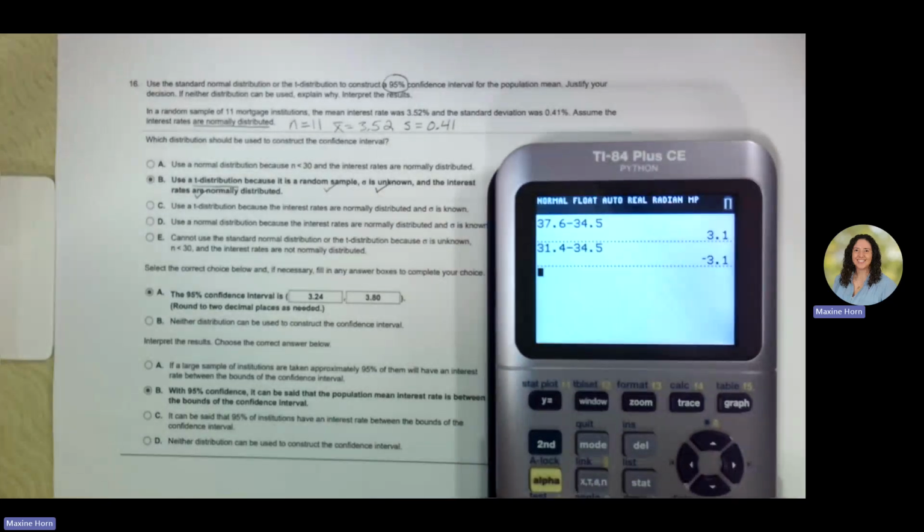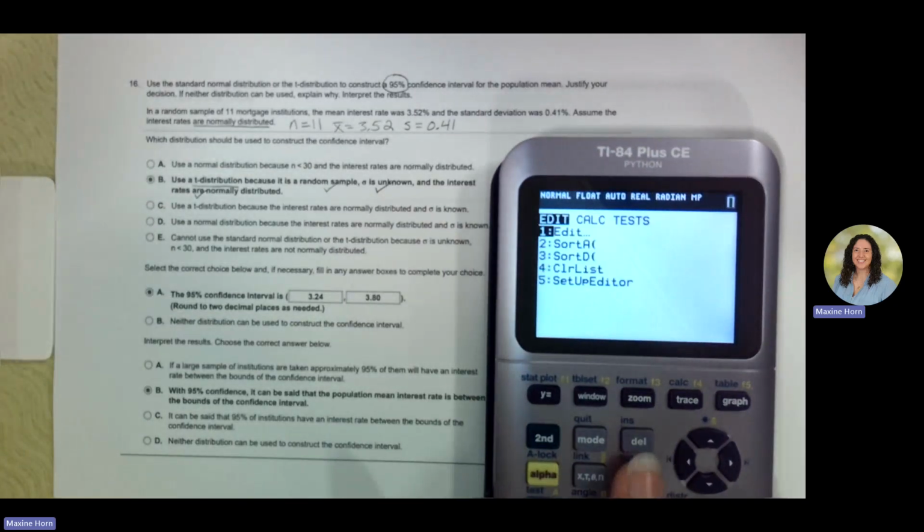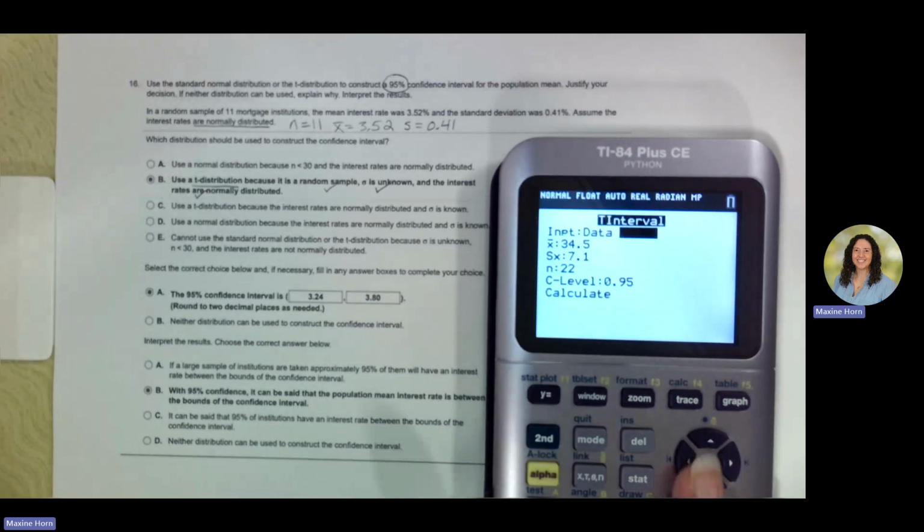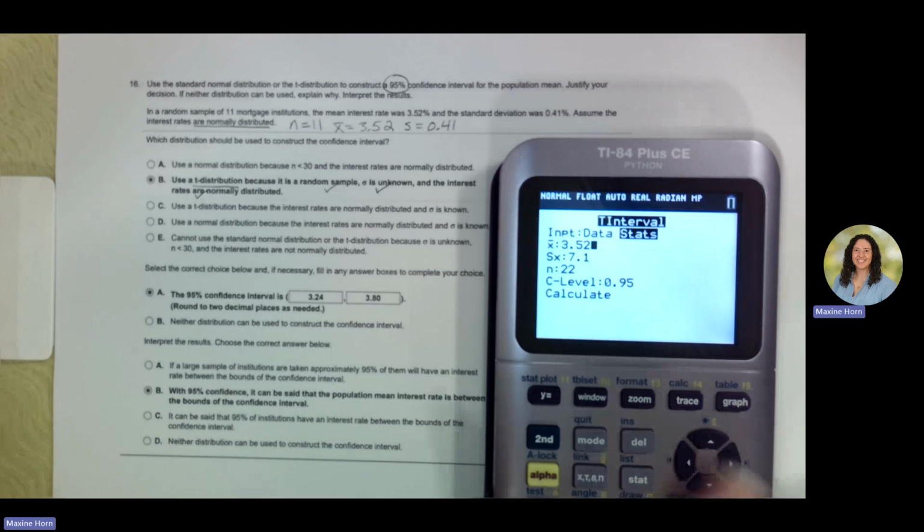Okay. Then they want us to actually find it. So we know we're using a t-distribution, so we know we're using a t-interval. So let's go ahead and use that t-interval by going to stat, tests, number 8, t-interval, and plugging in the appropriate stats, the sample statistics.